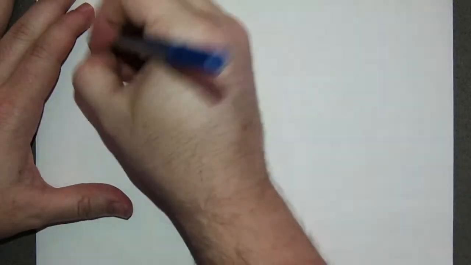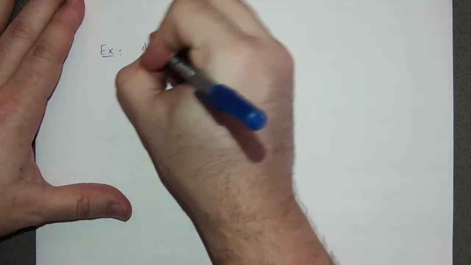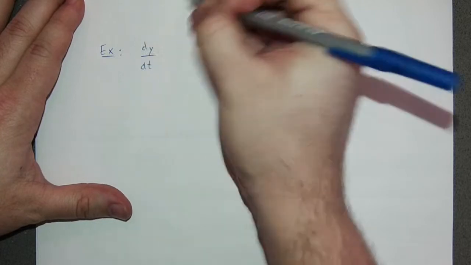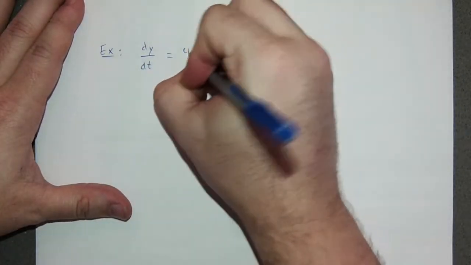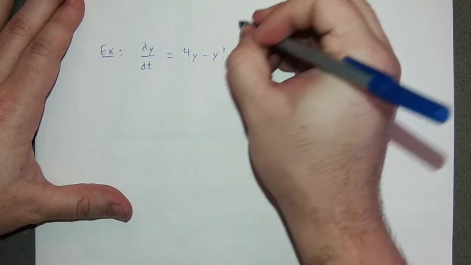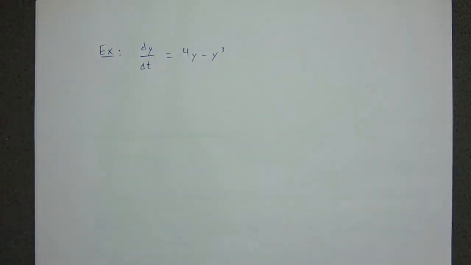So let's do another quick example. This is done in the textbook, so we'll just do this quickly. I'm not going to rewrite all the things asked. I'm just going to quickly do a phase portrait for this thing.